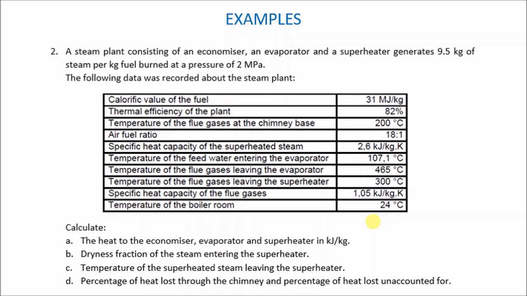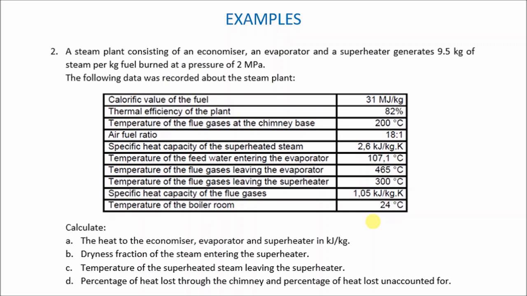You can rewind the video and go back to the diagram I gave you of the flow of the flue gas, and you will see that at the chimney base you are out of the air heater, into the chimney. So that's where the chimney base is: it's at the exit of the air heater. If you do not have an air heater, the chimney base will be the exit of the economizer.